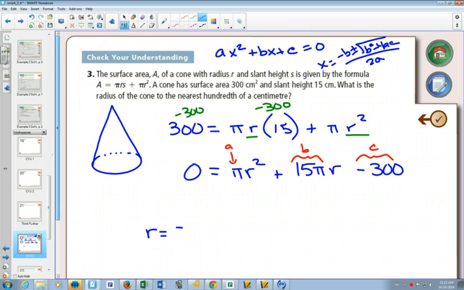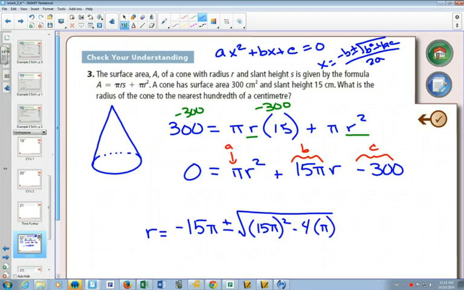It's going to be negative b, so it'll be negative 15 pi plus or minus square root of 15 pi squared. Our a value is pi, our c value is negative 300, all over 2, and our a value is pi.